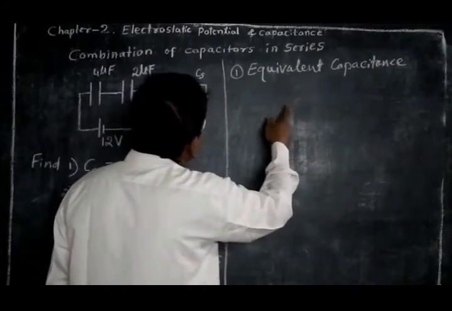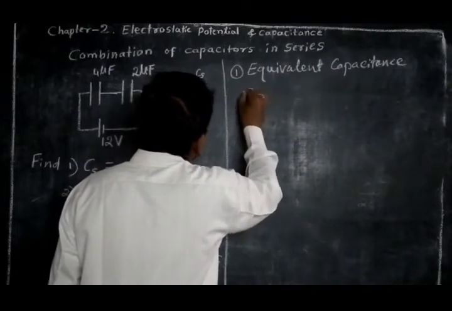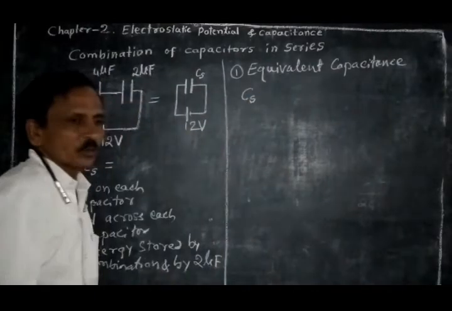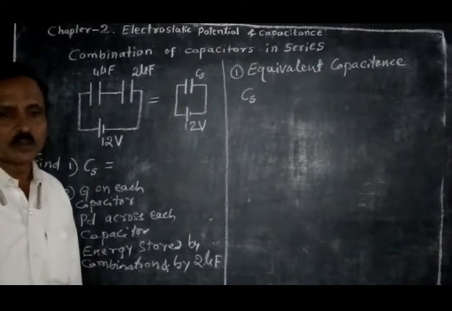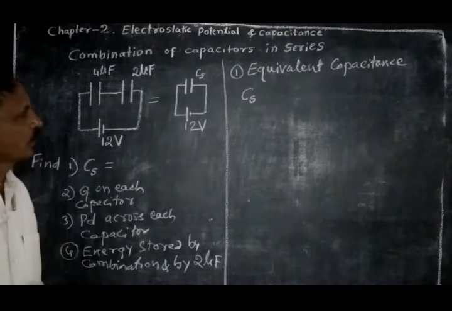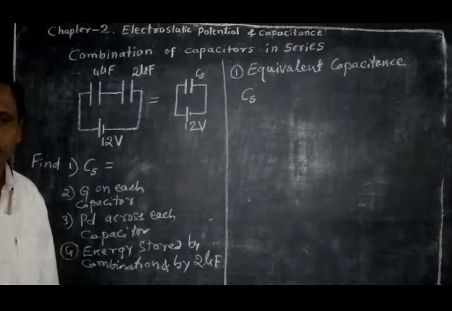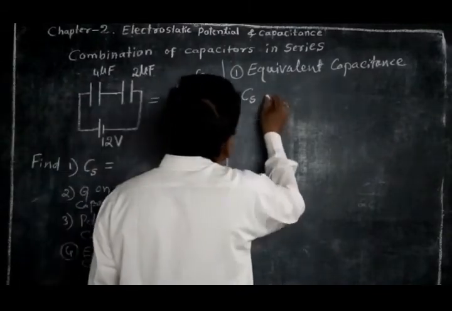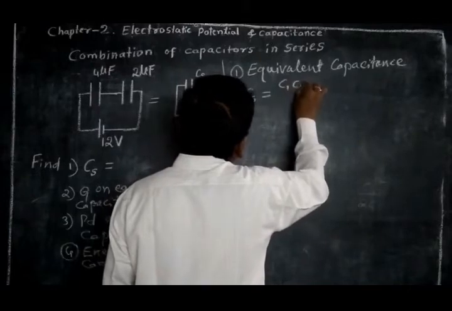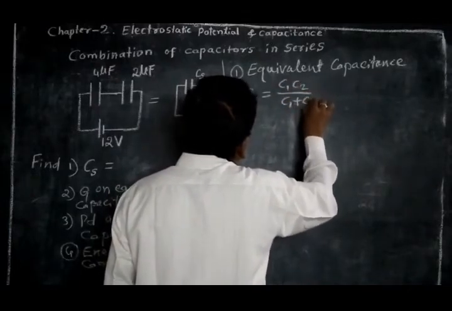Here you know C and phi, then Q can be calculated. First we calculate equivalent capacitance, and equivalent capacitance for two capacitors is given by Cs equal to C1 C2 upon C1 plus C2, or 1 by Cs equal to 1 by C1 plus 1 by C2. Therefore, for two capacitors, Cs equal to C1 into C2 upon C1 plus C2.